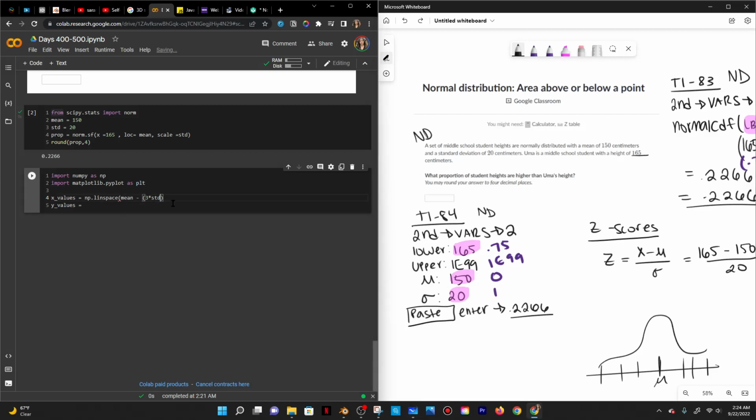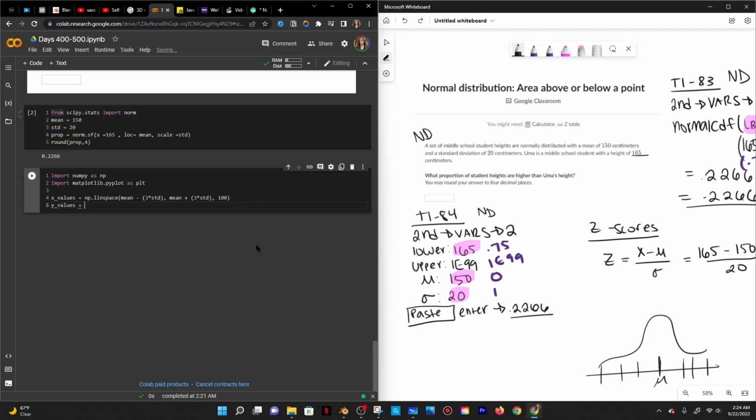And then I want it to end after the mean 3 times the standard deviation, so over here, because this is 1, 2, 3 times the standard deviation. Then I want, let's say, 100 values. I'll just put 100, it literally doesn't matter. All right, those are my x values, done.